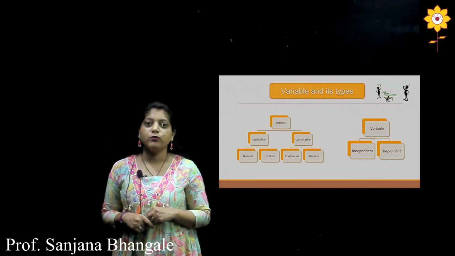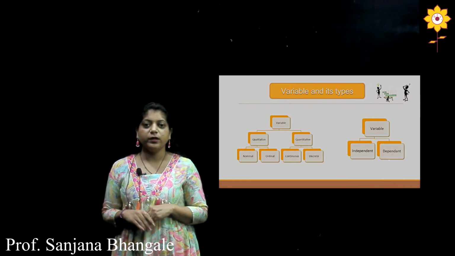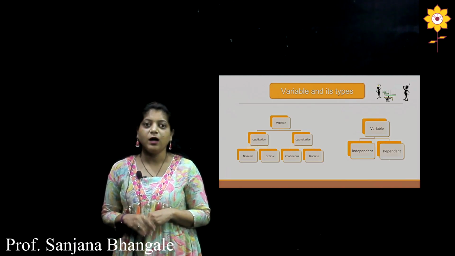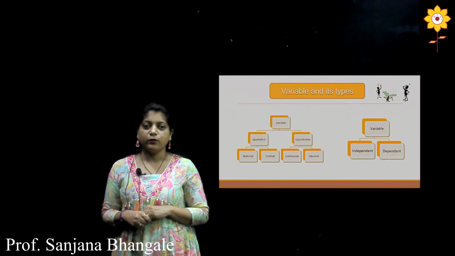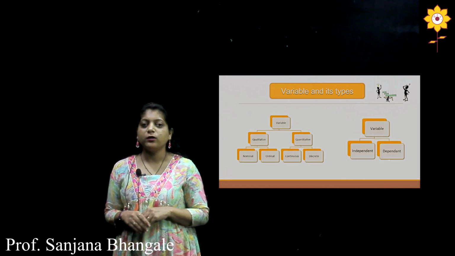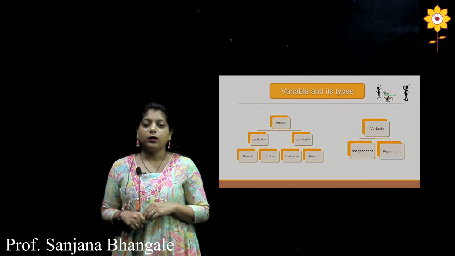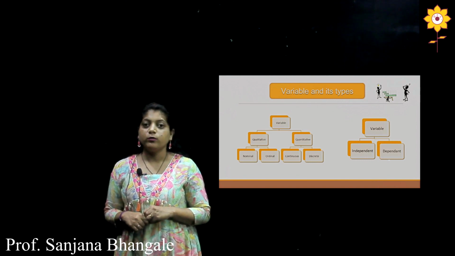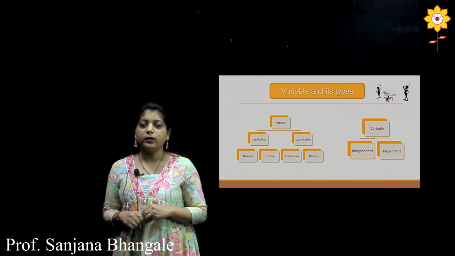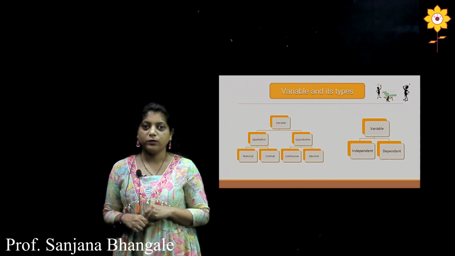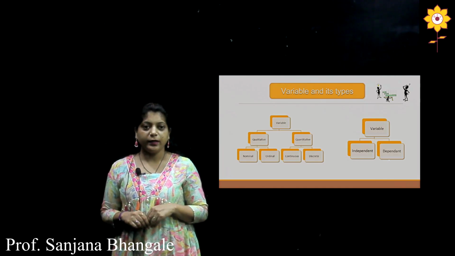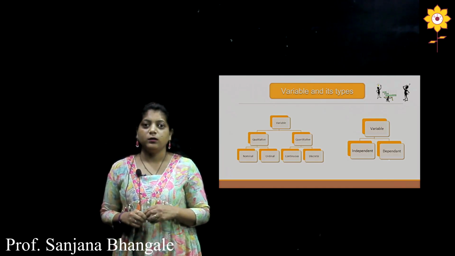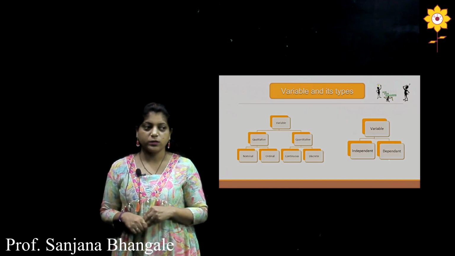So before going for the understanding of the tools, we need to understand what exactly we have to collect from the market, from the area, from the segment or from the public. So first we will be understanding variables and their types, because on the basis of the variable we are collecting the data from the various resources.